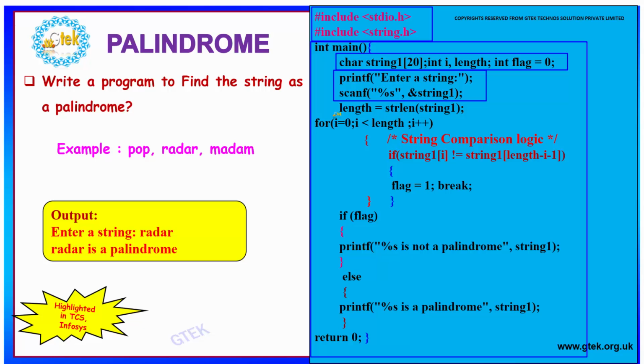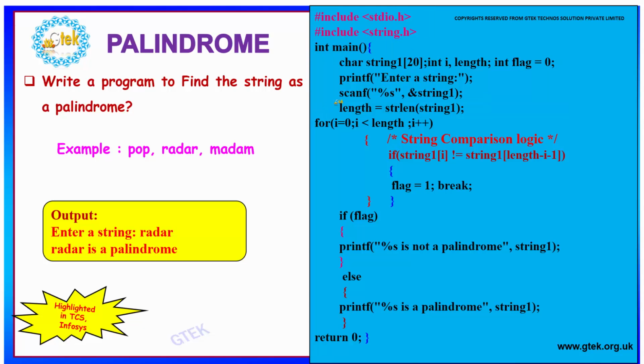Further, we are finding the length of the string and storing it in the term length. The length of the string is found using an inbuilt function, string length. And next we are having a for loop which checks whether the string is the same.